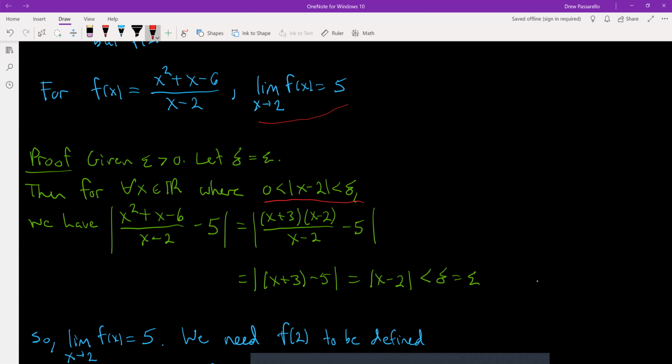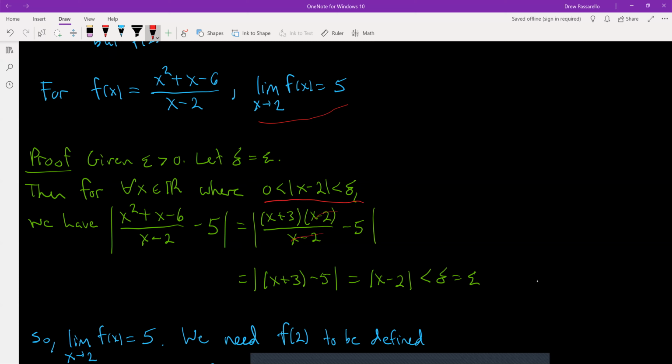So if we have that, then we have the absolute value of x squared plus x minus 6 over x minus 2, minus 5, which is equal to, and we can factor the numerator to get x plus 3 times x minus 2. And then the x minus 2's divide out.